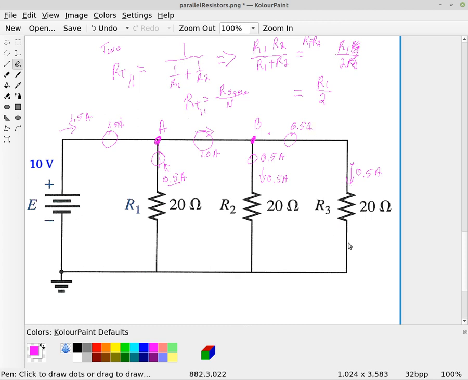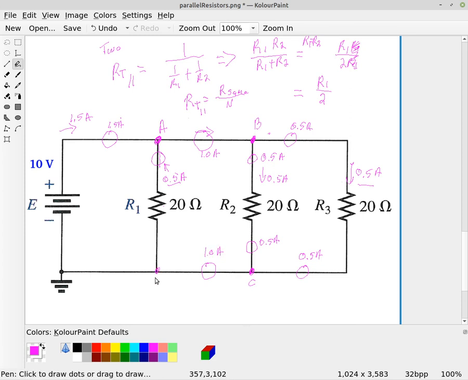So looking at resistor R3, we have half an ampere running through resistor R3. So if we measure the current here, we're going to have half an ampere. If we measure the current right here below R2, again, half an ampere. But if we measure the current here, to the left of, call this point C, this is going to have 1 amp in it.